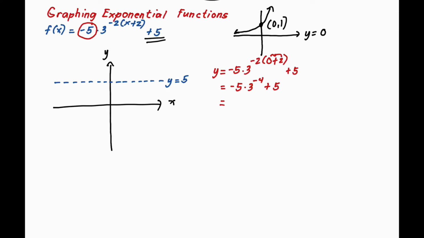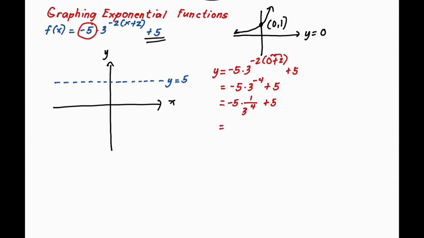We first express 3 to the negative 4 such that the exponent becomes positive, and we have 1 over 3 to the positive 4, plus 5.